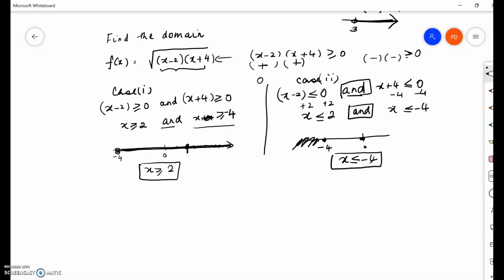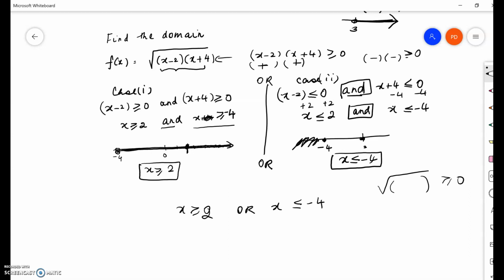So in either one of these cases, the inside function, which is x minus 2 times x plus 4, so what's inside will be greater than or equal to 0 when x is greater than or equal to 2, or when x is less than or equal to negative 4.